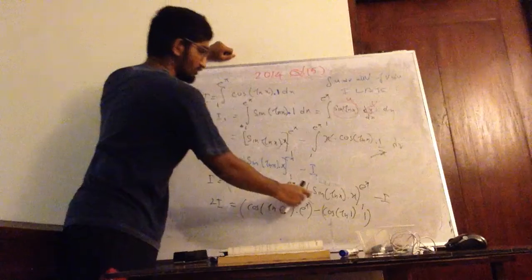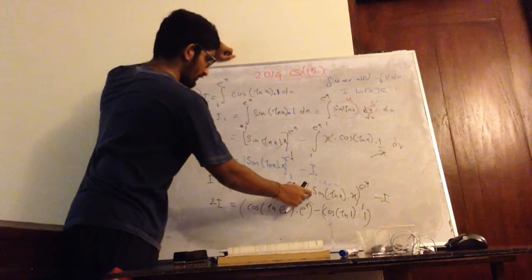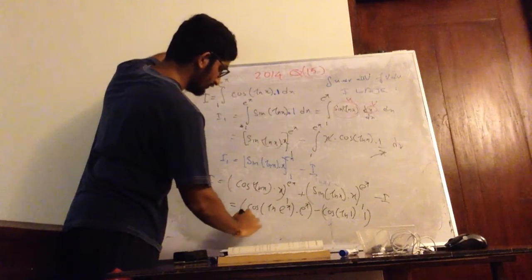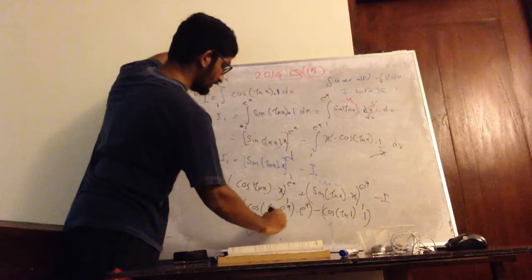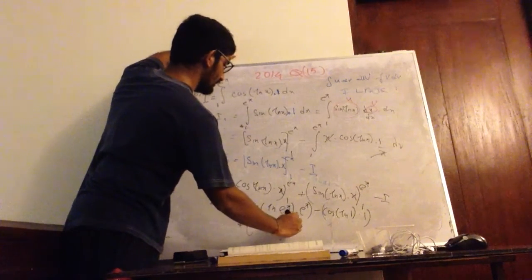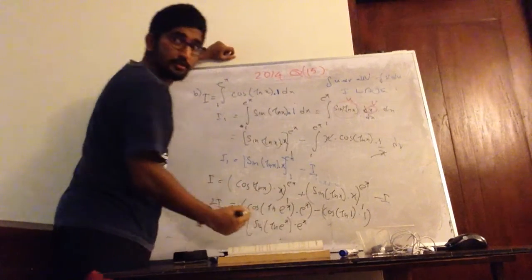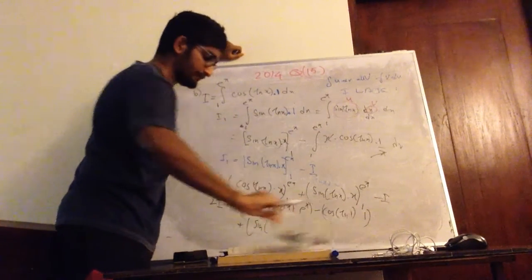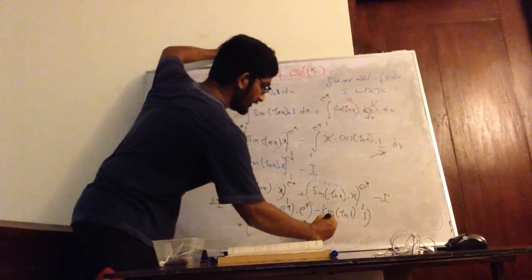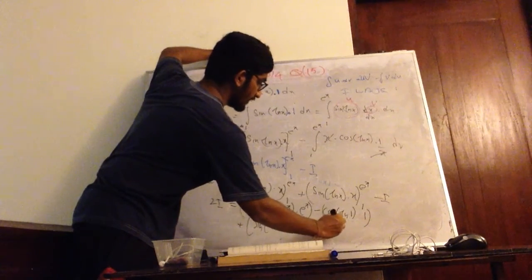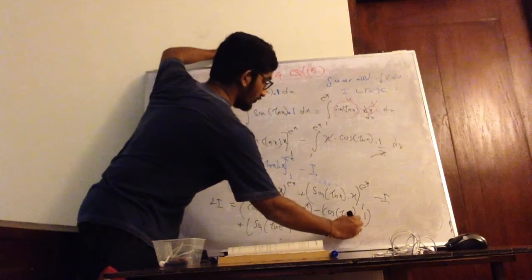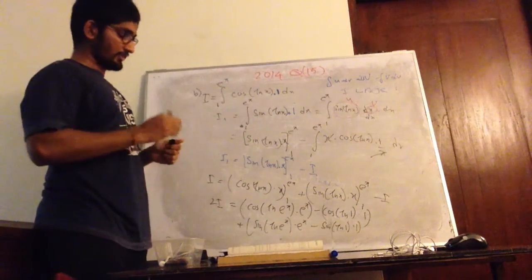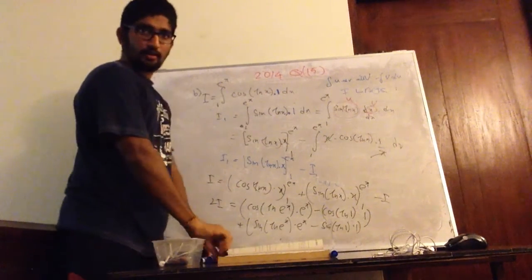Okay, so then when we get to the sine part, it will be sine ln e^π minus sine ln 1, right?